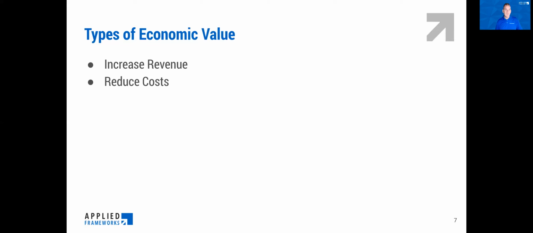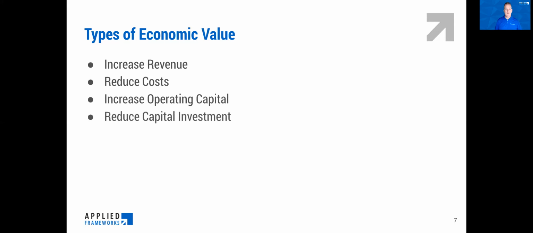However, there is a lot of economic value in products that do help reduce customer costs. Increasing operating capital. So any product that can help increase capital is great, followed by reducing new capital investments, as well as managing risk, risk mitigation, risk avoidance, all valid economic value levers.